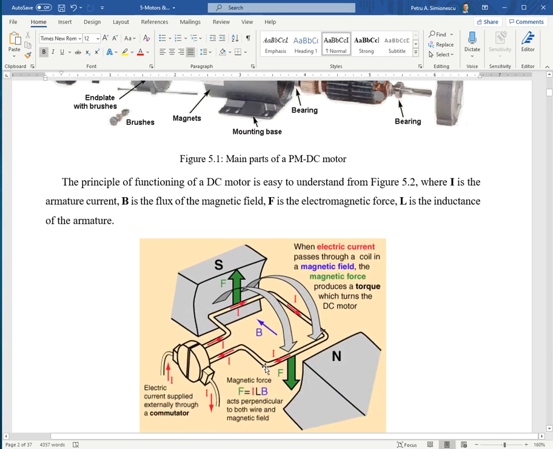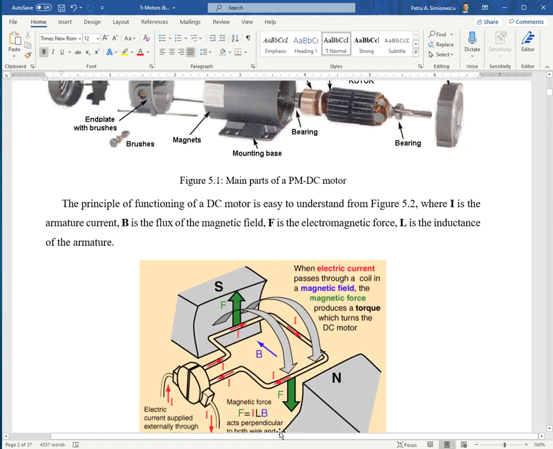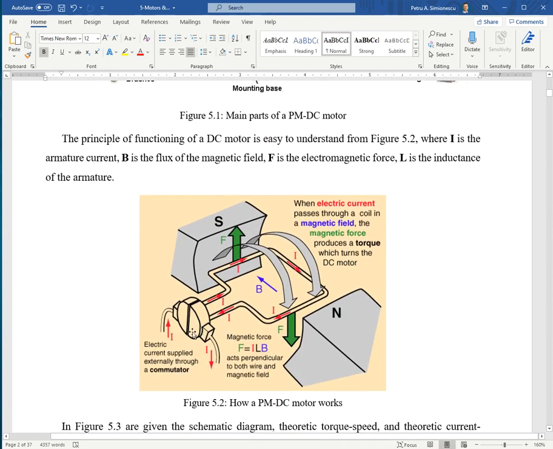The way a DC motor works is through the interaction between the constant magnetic field produced by the permanent magnet and the DC current that runs through each of these armature windings. And there's more than just one loop.